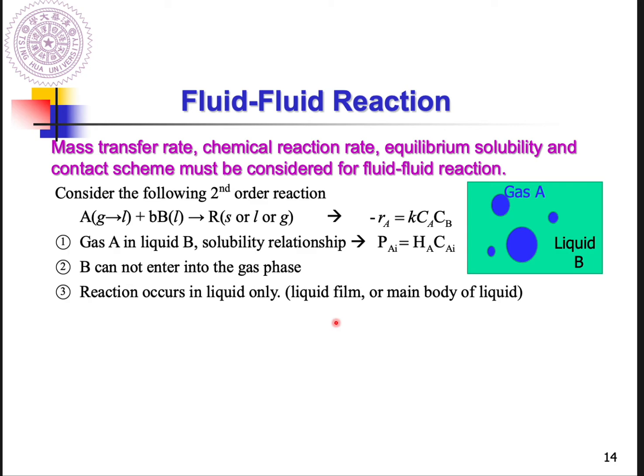Before we quantitatively formulate the rate equation for fluid reaction, you need to know some assumptions. The first one is we assume this kind of heterogeneous chemical reaction is a second order reaction, and the rate equation can be expressed as the consumption rate of reactant A equals the rate constant times Ca and Cb.